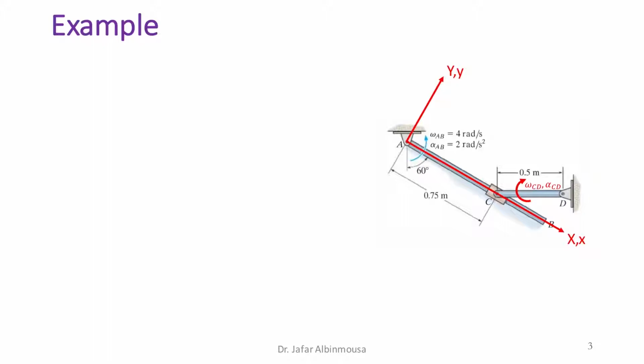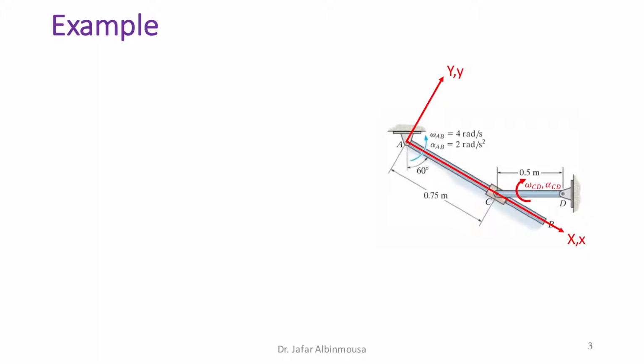Now, by analyzing the motion of point C, we can observe that it is sliding along AB at the same time it is rotating with it. And for that, we would have to use the relative motion equations with rotating axis.